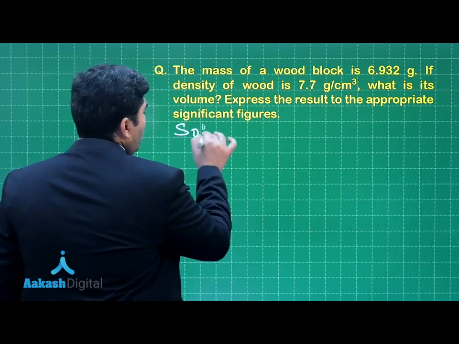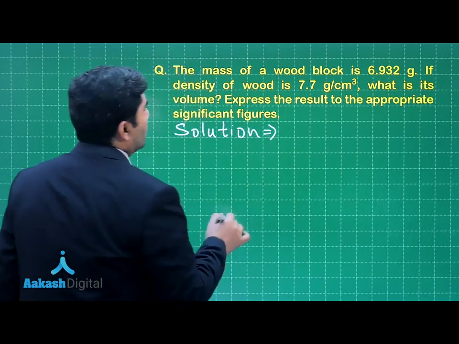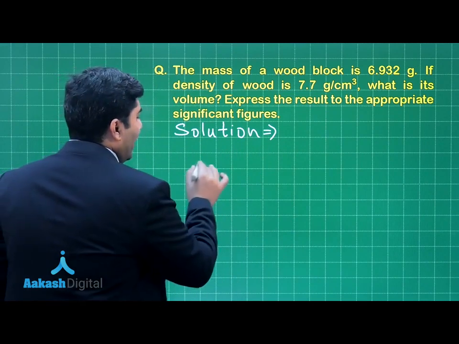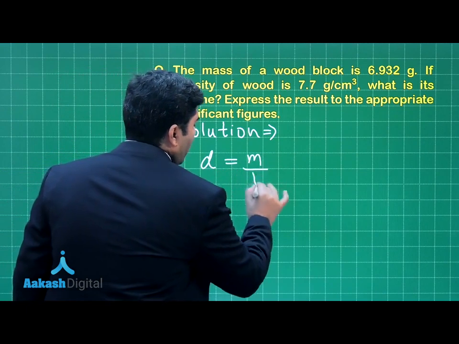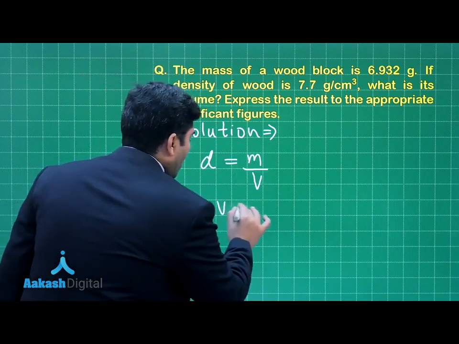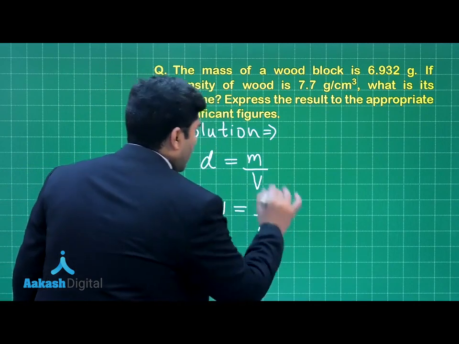Let's move on to the solution. We have to find the volume. We all know that density is equal to mass by volume. Therefore, the volume will be equal to mass upon density.